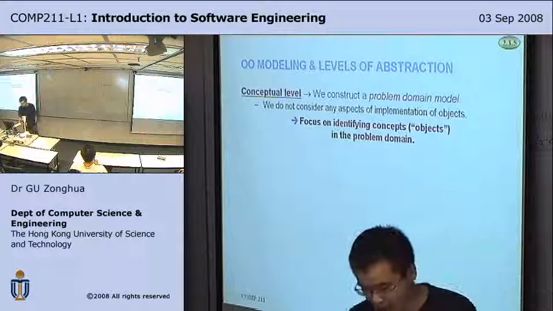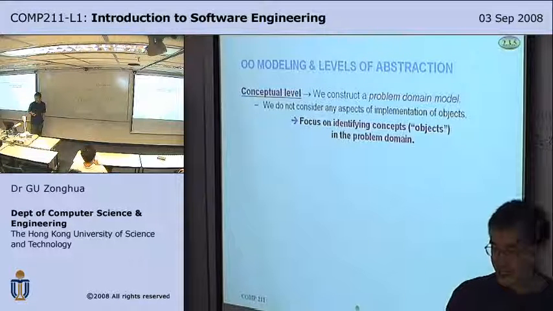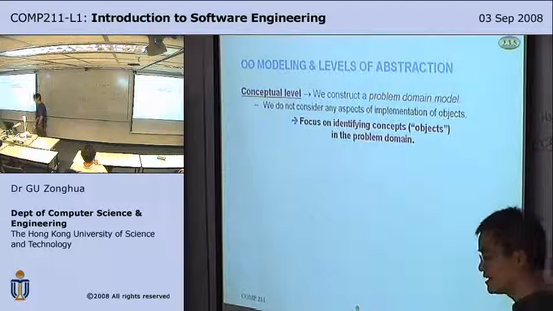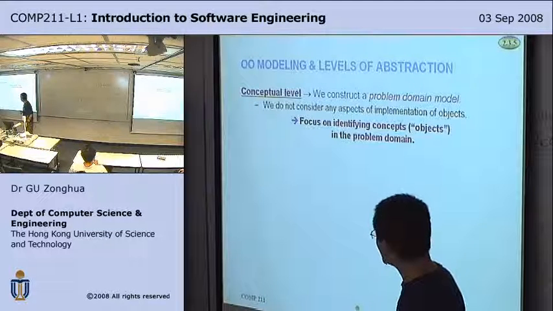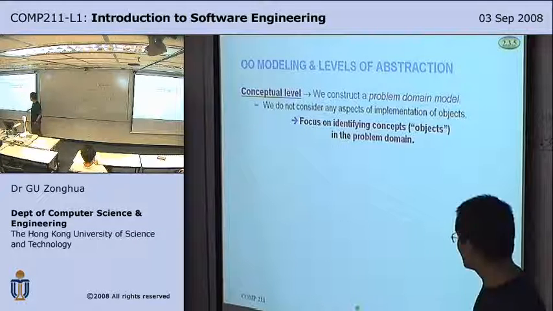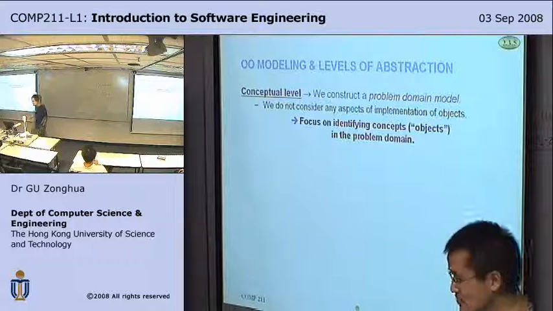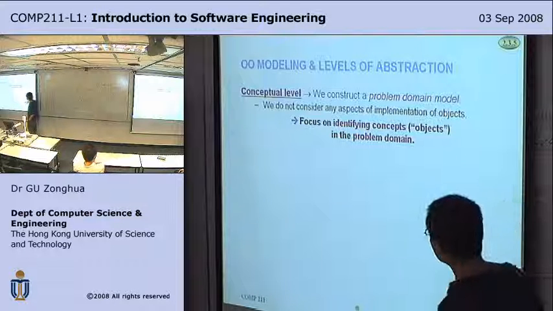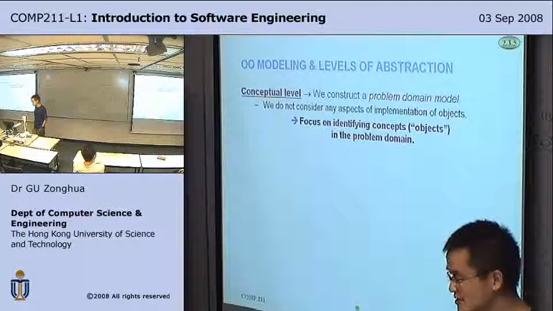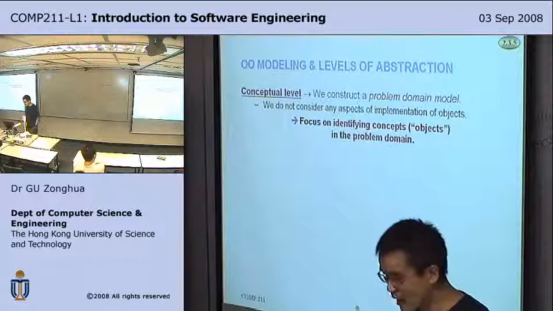So, for example, in the course registration system, the problem domain model would consist of obviously course, students, professors. These are the key concepts. There are maybe some secondary concepts like the university. It's a concept. The classroom is another concept. So these are the problem domain model elements.